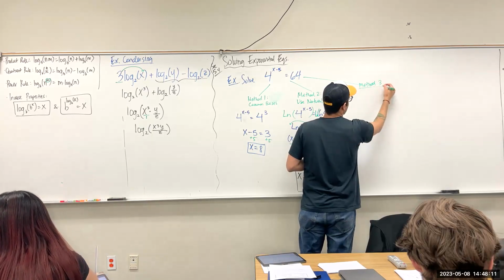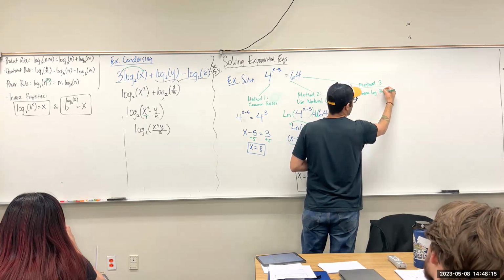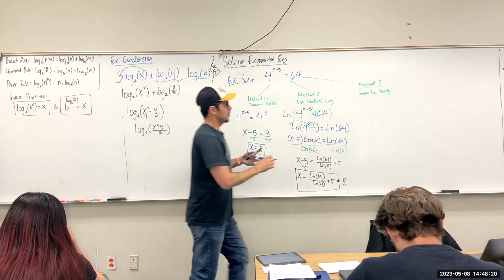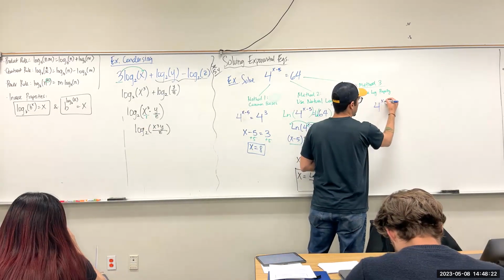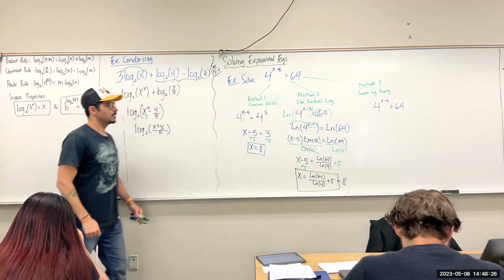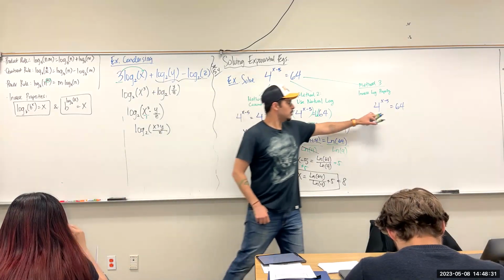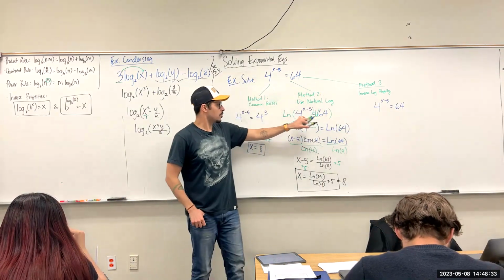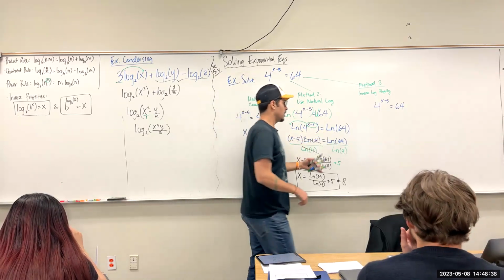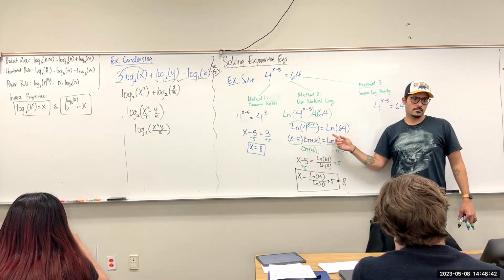Method 3. Here's where you want to use the inverse log property. That's the one Misha was talking about. So let's say you got 4 to the x minus 5 equals 64. Because these two things are equal, when I took the natural log of them, they also were equal. But technically, I could have used the log of any base to do this.